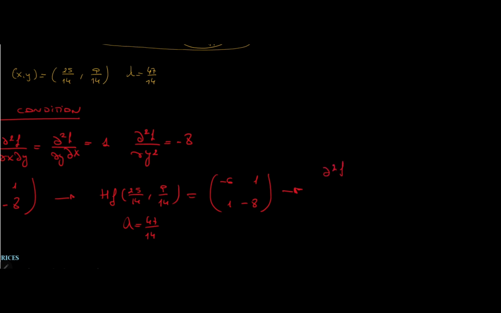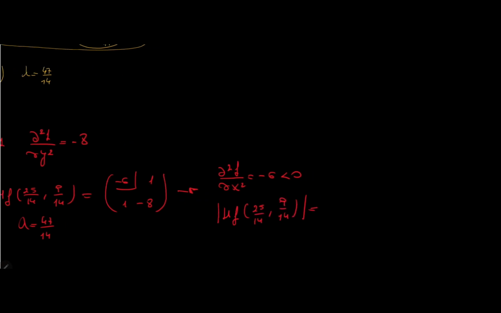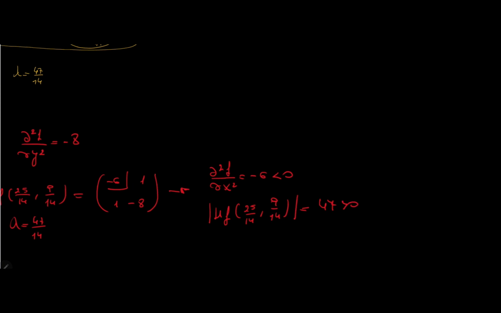The second order partial derivative x twice is minus 6, which is negative, but the determinant of the Hessian matrix is 48 minus 1, 47, which is positive.